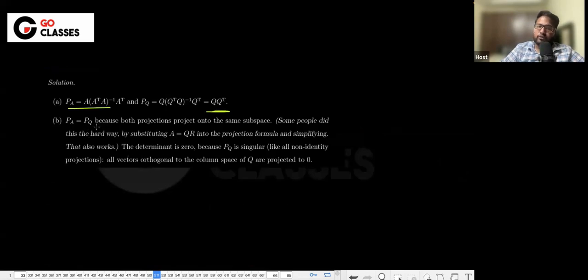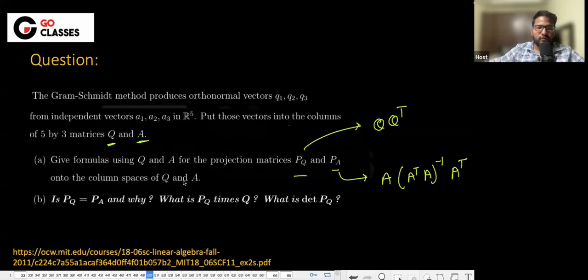These are actually equal, because both project onto the same subspace. So it is very important to know that both the projection matrices are actually equal, right? This is a question from MIT. Understood? Both the projection matrices are equal.